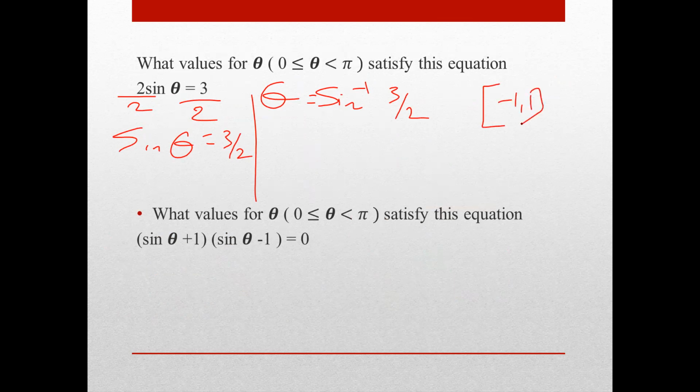So any sine of any angle must be between negative 1 and 1. For the sine and for the cosine also, you cannot find any value greater than 1. For the tan you can. So sine theta is 3 over 2 or 1.5, and there is no value whose sine is greater than 1. So you can say no solution.